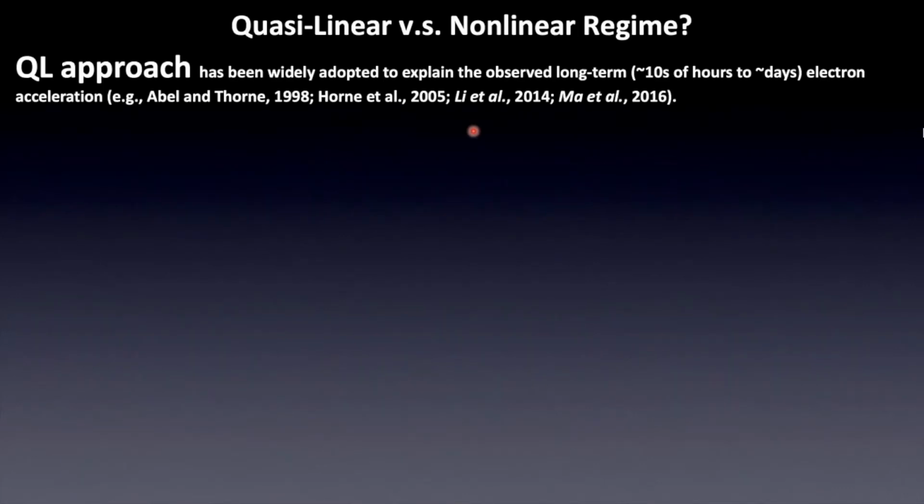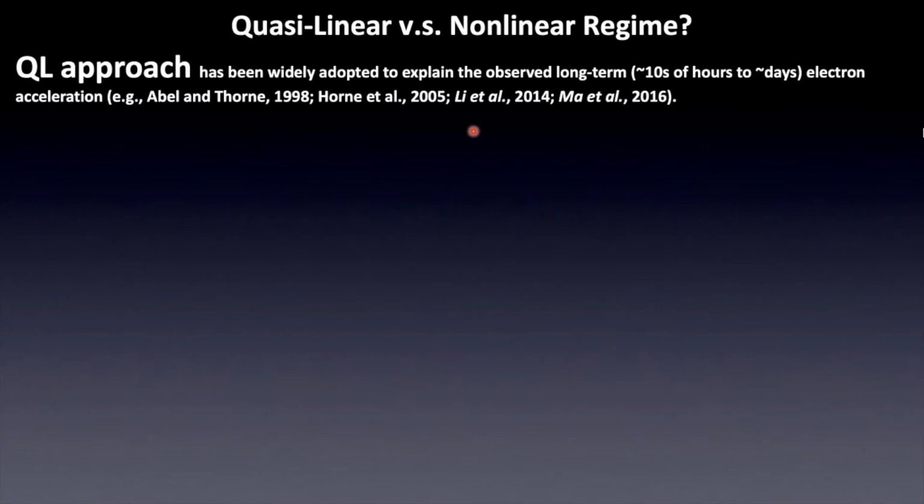In terms of the relative importance between quasi-linear and nonlinear wave-particle interactions, there is still an ongoing controversy. The quasi-linear approach, on one hand, has been widely adopted to explain the observed dynamics of radiation belt electrons, especially on relatively long time scales.